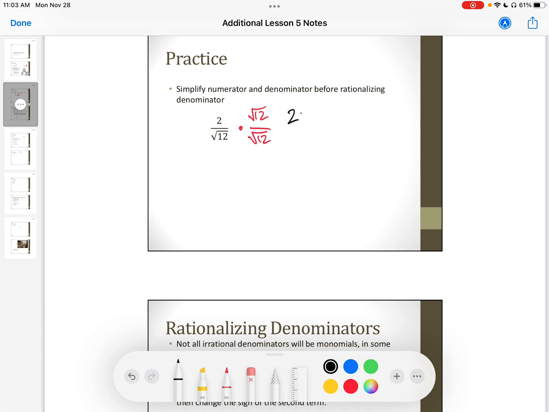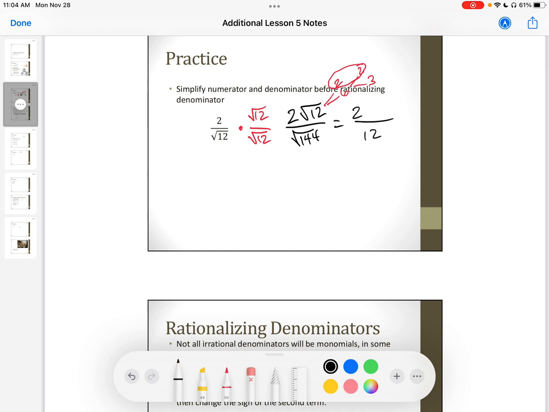That gives me 2 square roots of 12 over a square root of 144. Now, square root of 144 is just 12. I can break down the square root of 12, though. That could be 2 and 6, and then the 6 is 2 and 3. So there is a pair of 2's that would come to the outside.